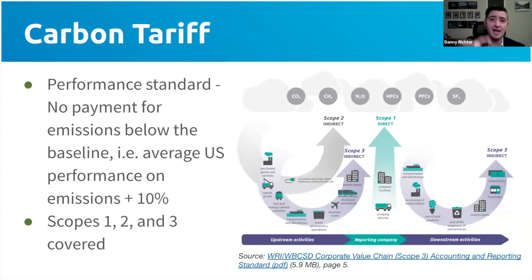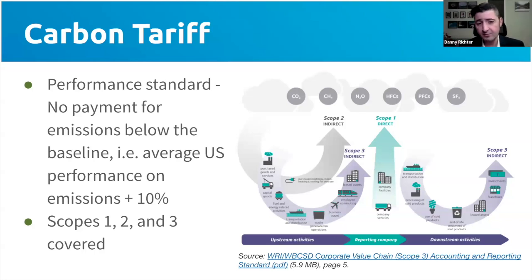The reason for that 10% cushion is really, I think, international trade rules. It's difficult to determine equivalence. So that gives a little grace room for other countries. But just to reiterate, there's no payment for goods and the emissions of those goods below 110% of the US baseline.